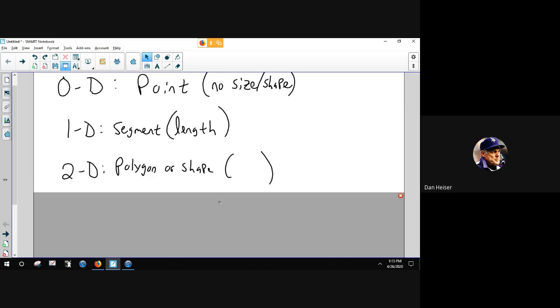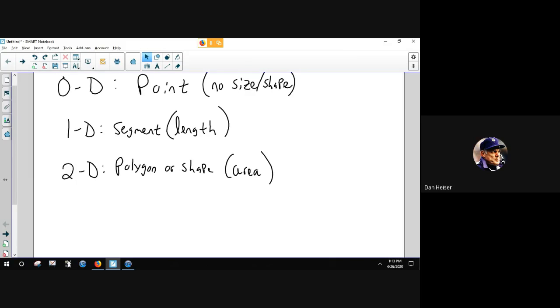Polygons are made up of segments, other shapes like circles are made up of no segments, and we could also have a mix and match, segment and curve. And when we get into the two-dimensional world, we no longer have length, we now have area. We are going to move into area measurements for our next unit.